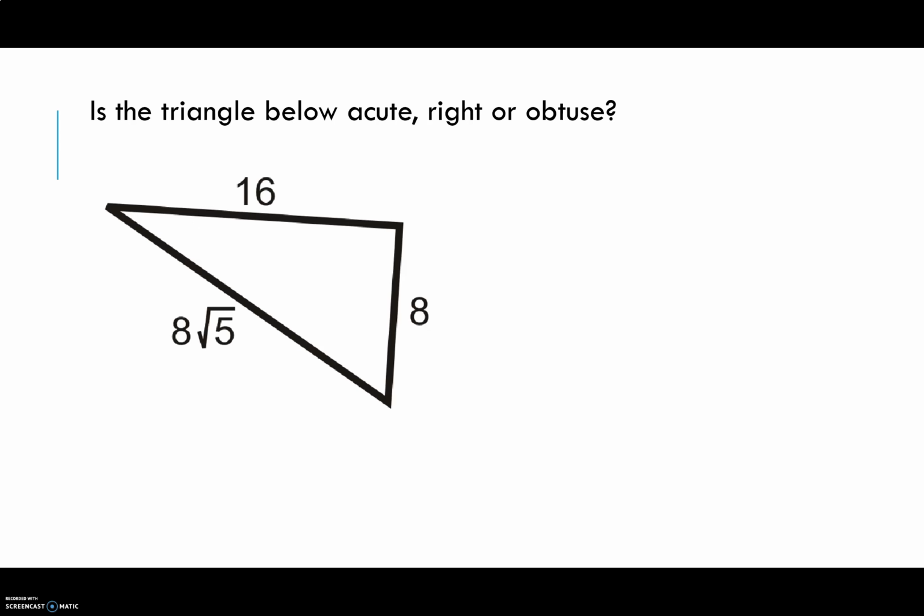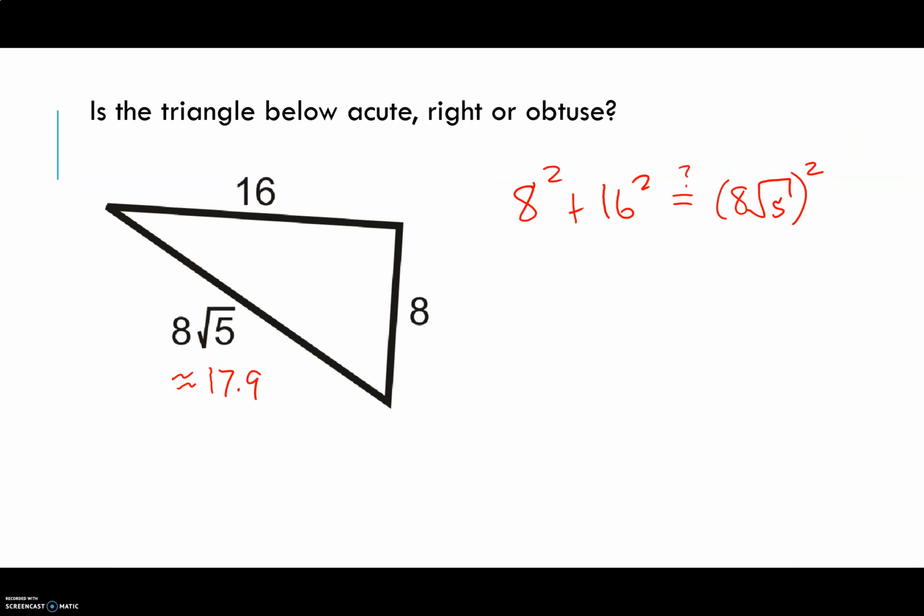In this one, it's kind of difficult because it's hard to tell which one is the bigger side length. You can use your calculator, and the calculator will tell you that this is about 17.9. So that one is the largest side, which means we need to compare 8 squared and 16 squared. We need to put those together and see if it's larger or smaller than 8 square root 5 squared.